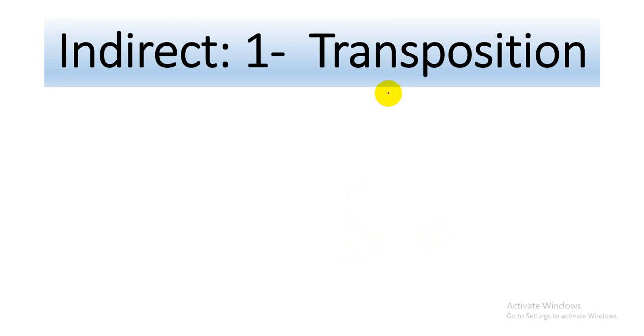The first one is transposition, the second one is equivalence, the third one is adaptation, the fourth one is, of course, modulation. So we have adaptation, equivalence, modulation, and transposition.